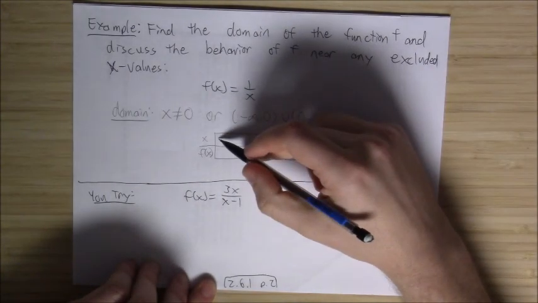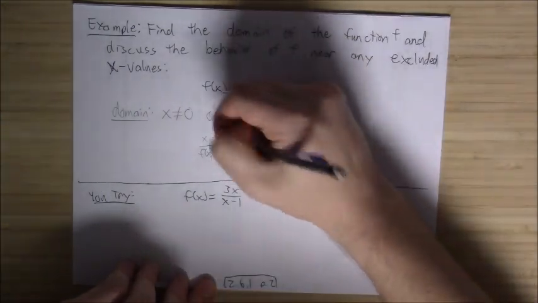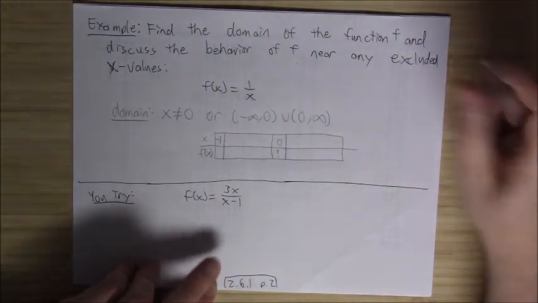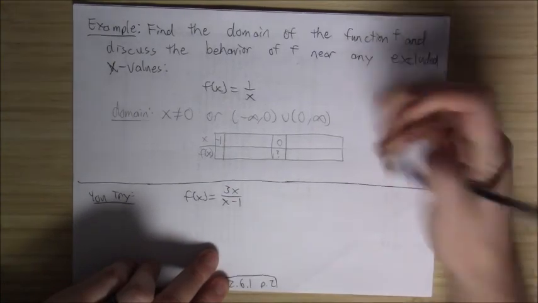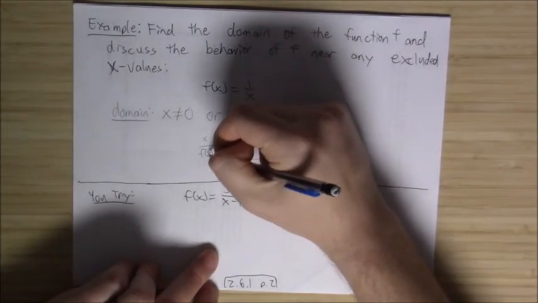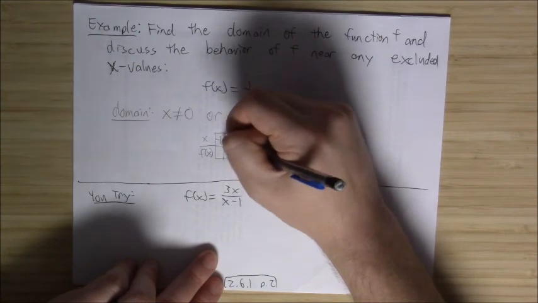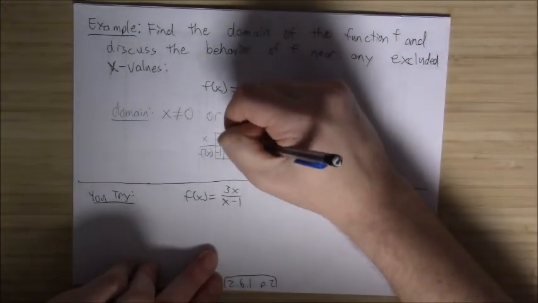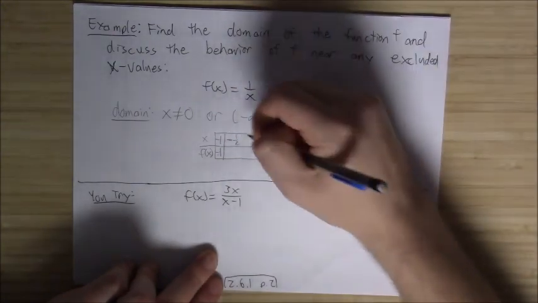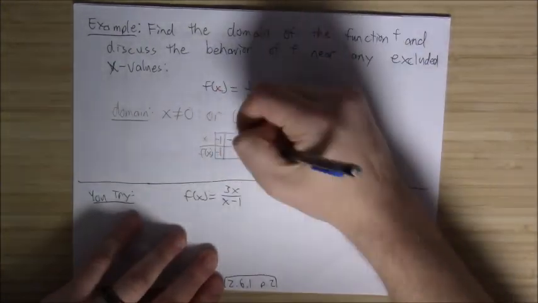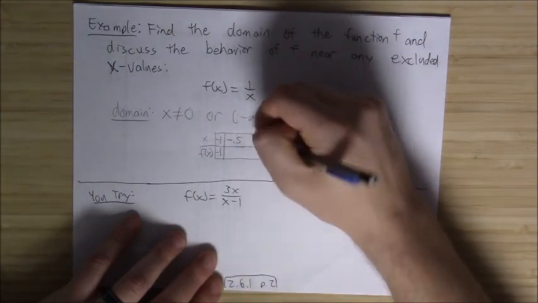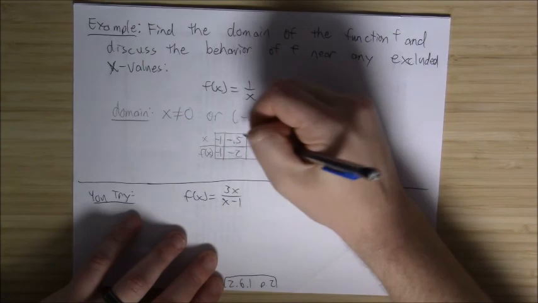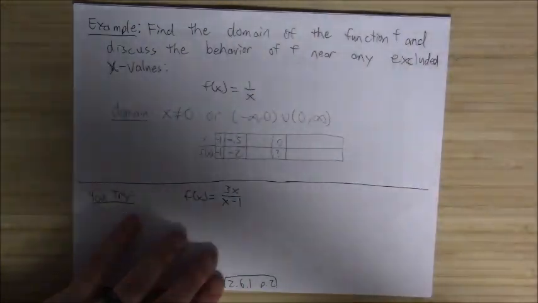If you look at x equal negative 1, we have negative 1 gives us back 1 over negative 1, which is negative 1. If we plug in negative 0.5, you'll get negative 2, because 1 over 1/2 is 2.